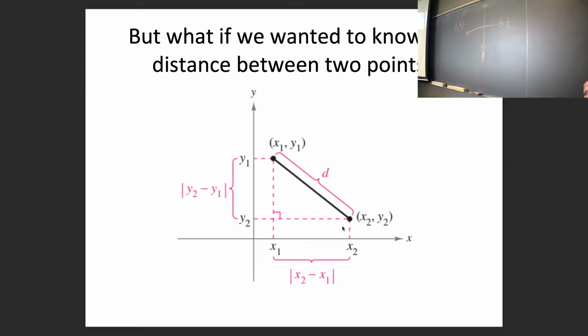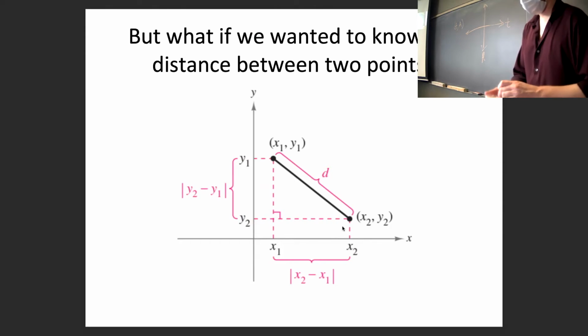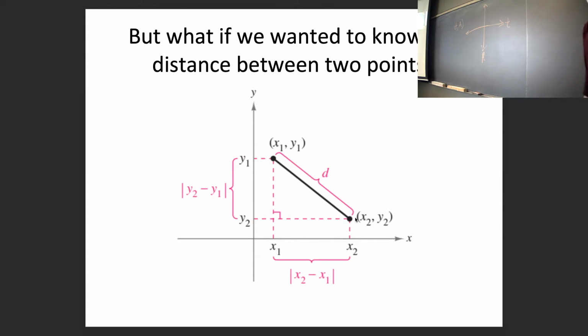In particular, the absolute value of the difference of these y values gives you the length of this leg, and the absolute value of the difference of the x values gives you the length of that leg. So if we wanted to find d, according to the Pythagorean theorem, we would take the length of this leg, square it, add to it the length of this leg squared, and then take the square root of that, right?